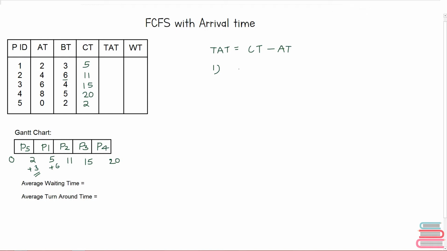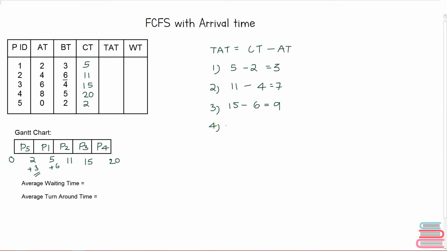For the first process, the completion time is 5 and its arrival time is 2, so the turnaround time is 3. For the second process, the completion time is 11 and the arrival time is 4, which gives 7. For process 3, the completion time is 15 and the arrival time is 6, which is equal to 9.